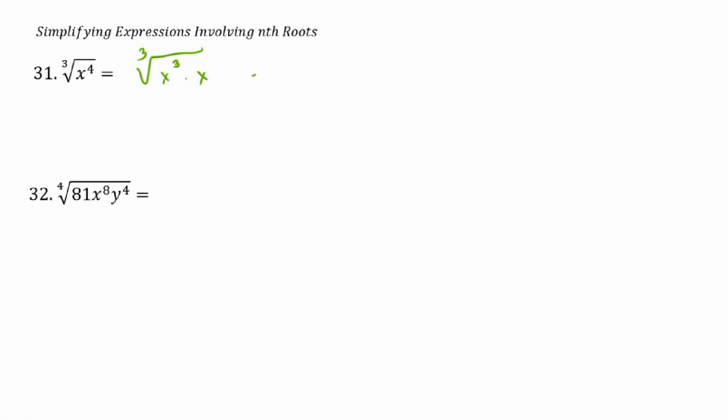So this becomes the cube root of x cubed times the cube root of x. The cube root of x cubed cancels out, so we just have x, and the remaining is x times the cube root of x. So that's now the answer for number 31.